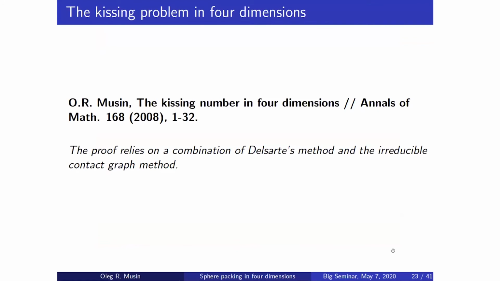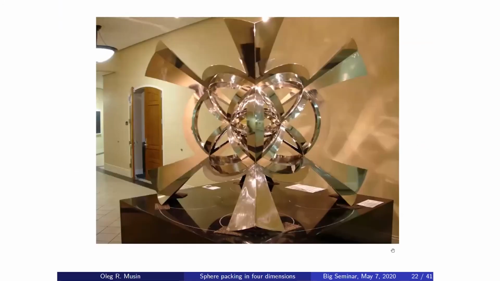Let me explain. In dimension 4, the conjecture is that the kissing number is 24, namely that we have a unit sphere, and the other spheres have centers at the vertices of the 24-cell.